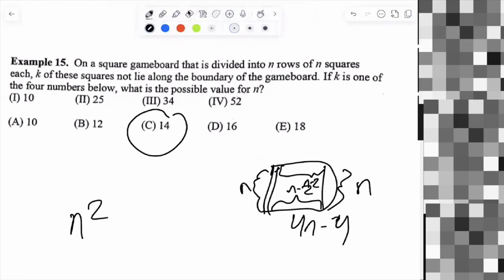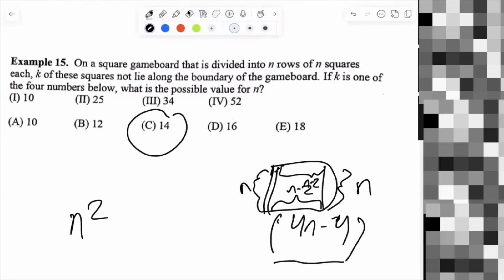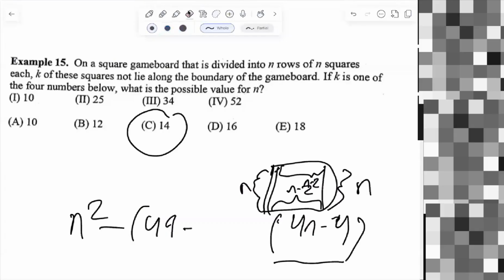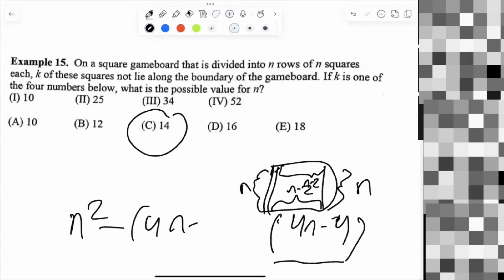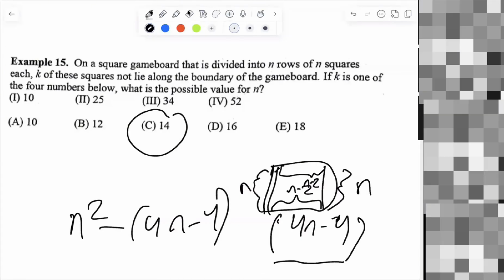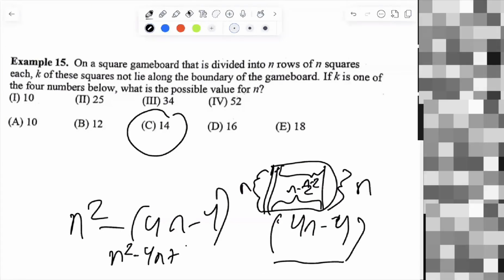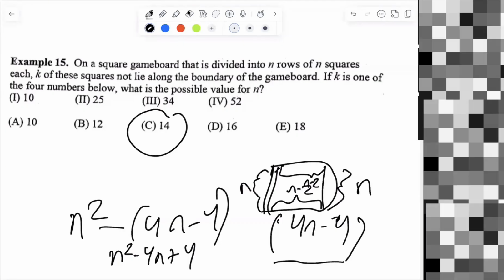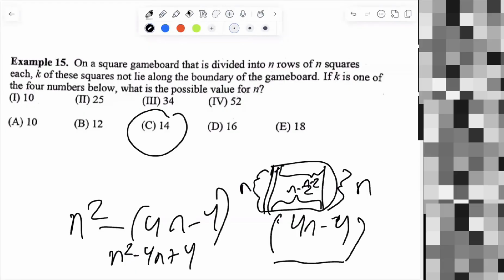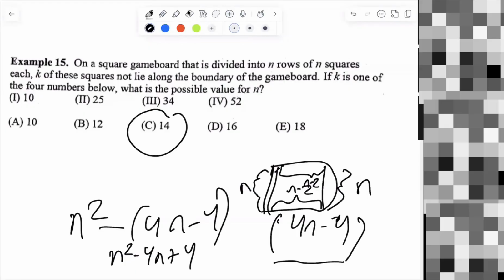From there, we can subtract this entire thing from the total area to get k, which is n squared minus 4n plus 4. So then this should be equal to 25.